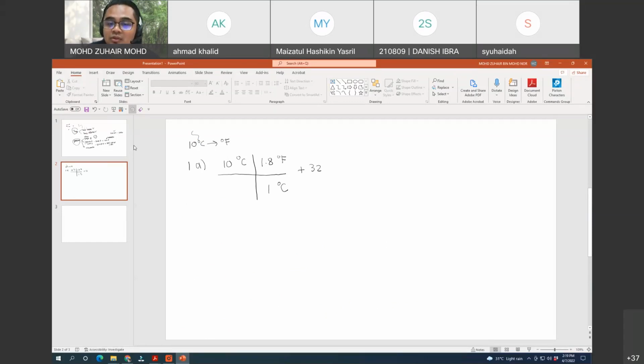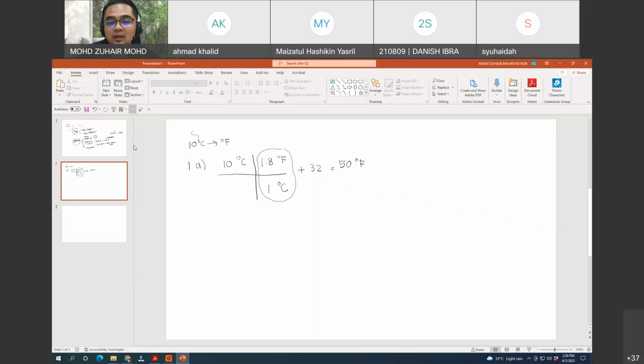So what you need to do is to do this conversion first, and then you can add or plus with some value as the temperature degree has been mentioned before. So the answer will be at the end 50 degree Fahrenheit. Okay, so this is for number one.